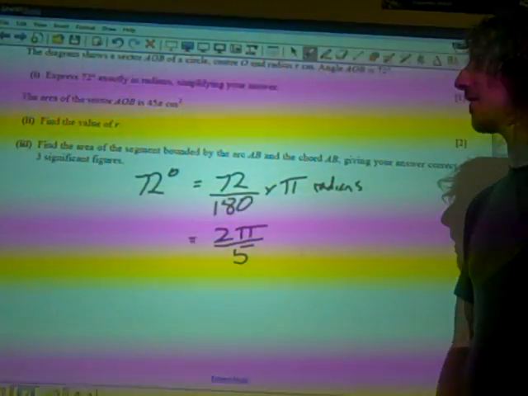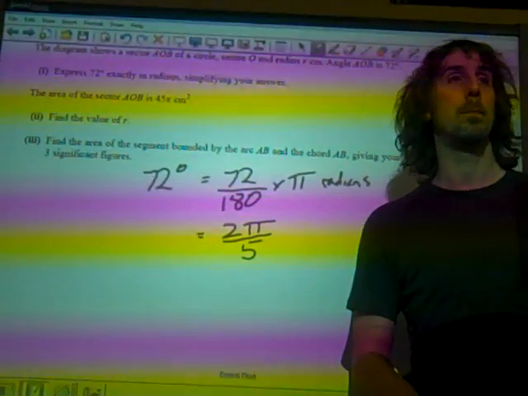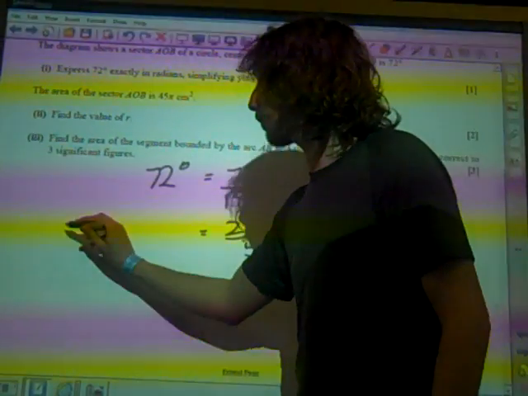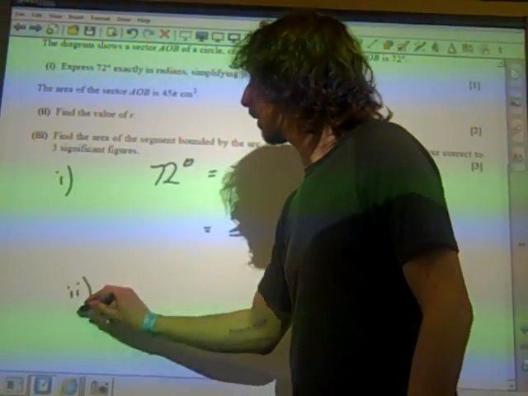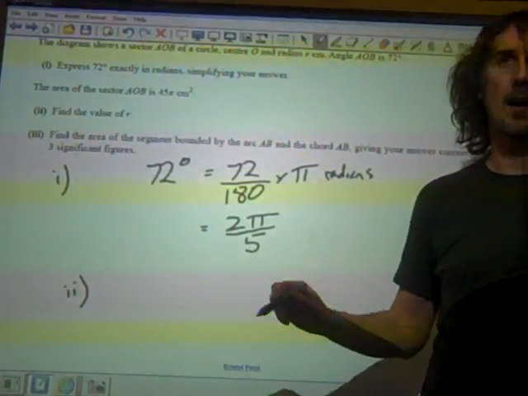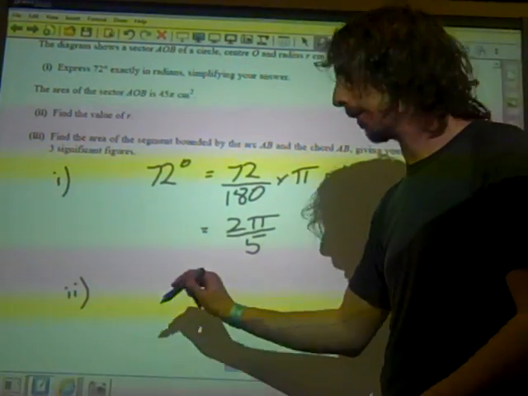The area of the sector AOB is 45 pi centimetres squared. Well, we've just written down that the area of the sector is a half r squared theta if we're working in radians.